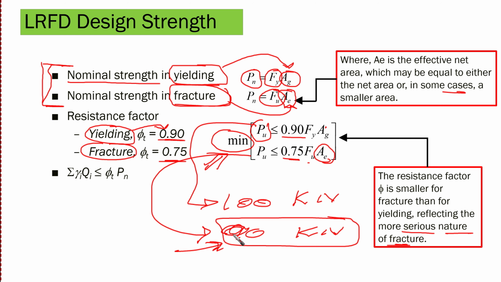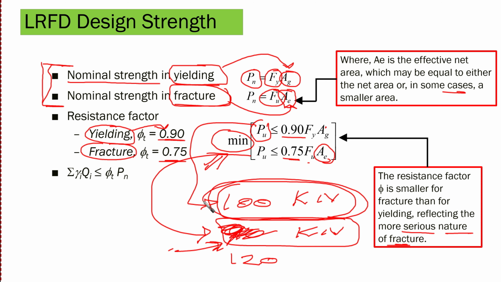If the member reaches 90, there would be fracture at the net area. But if it was not 90 but 120, for example, this means there is yielding in the gross section, and our element is going to fail when it reaches 100, due to excessive deformation.